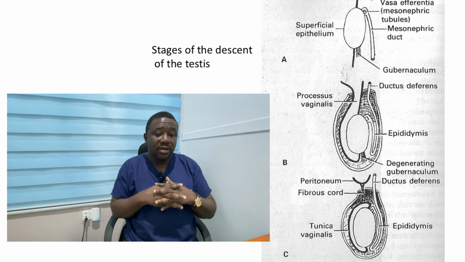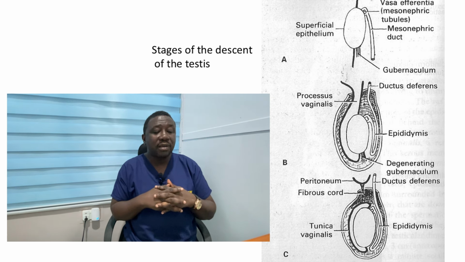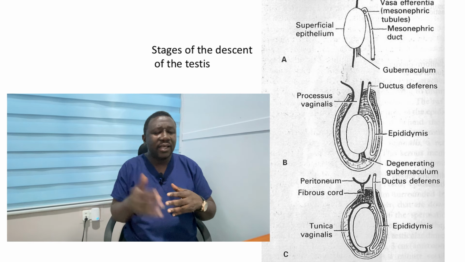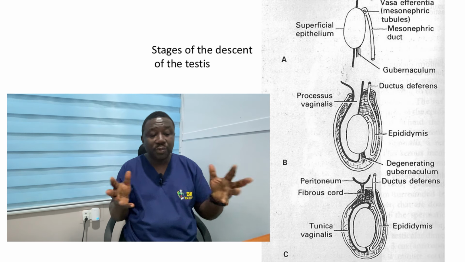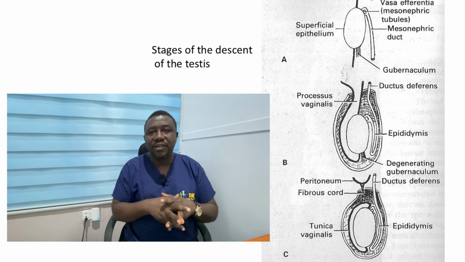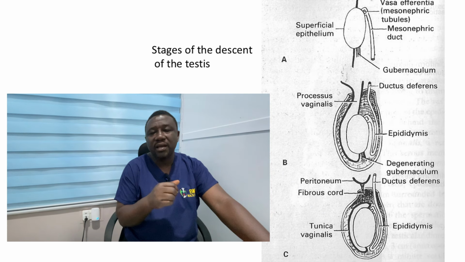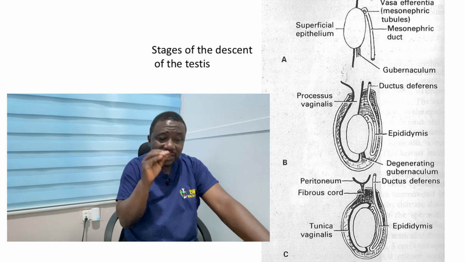For instance, we have the transversalis fascia as an internal part of the spermatic cord. We also have the internal oblique and transversus abdominis muscles or fascias forming parts of the content of the spermatic cord.